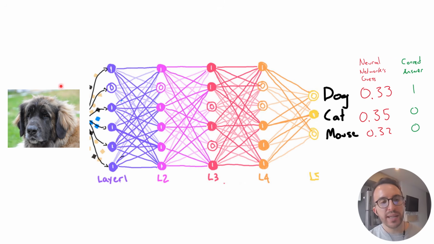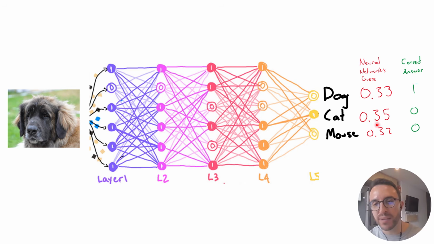But here's where the label comes in. All those training examples that we gathered are labeled. So we know that this is a dog, and we know that the correct answer is this one in green: 100% sure it's a dog, 0% sure it's a cat, 0% sure it's a mouse. What we now do is compare the neural network's guess with the correct answer, and we compute a number that says how wrong the neural network was.